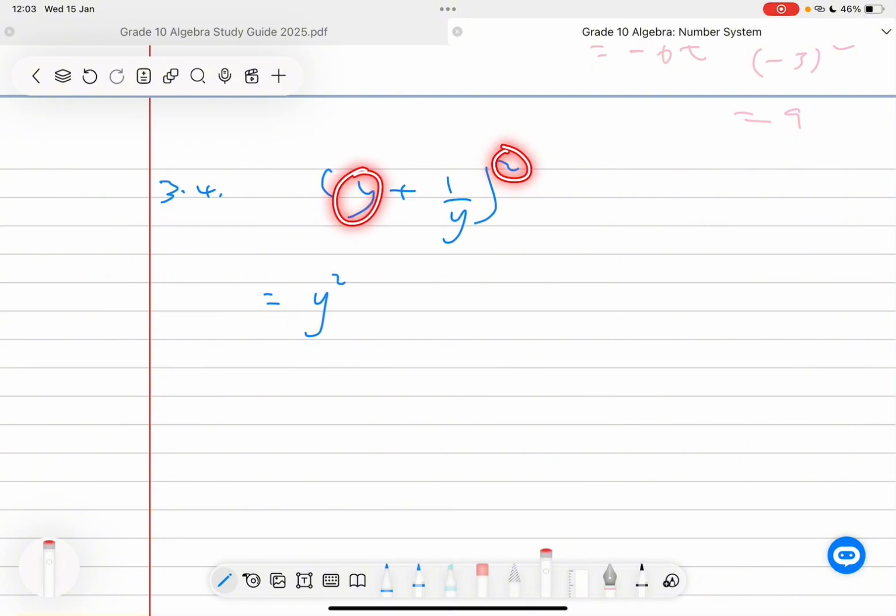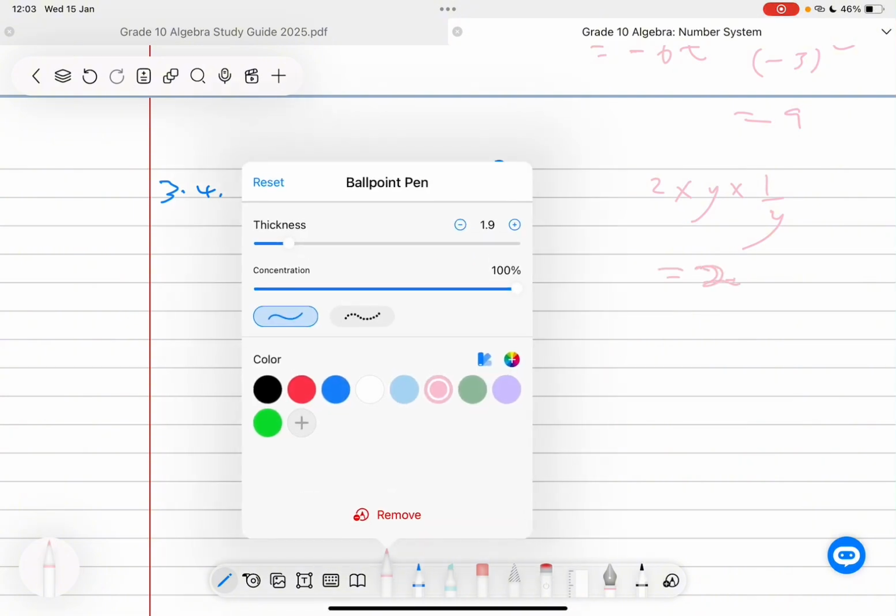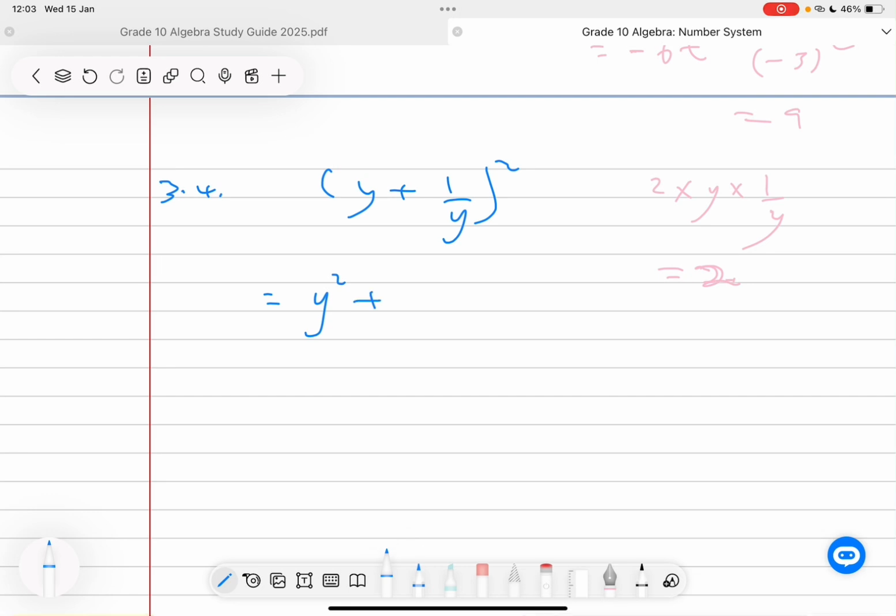Then we take the 2 multiplied by the y and multiplied by 1 over y. So this means here I'm saying 2 times y times 1 over y. You can see here that the y and the y would cancel each other, so that I'm having a 1 here and a 1 there. So I'm having 2 times 1, which is 2, times 1, which is 2. So this means here I'm going to have a plus 2 here.